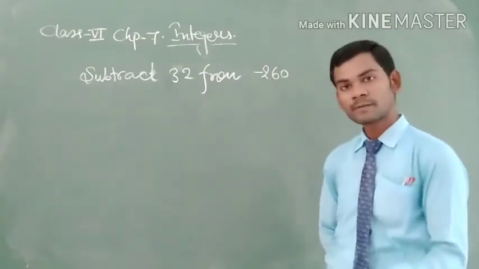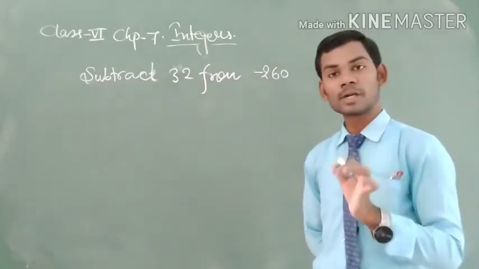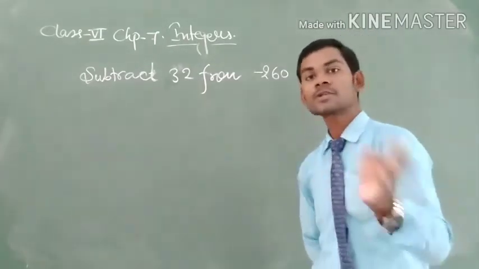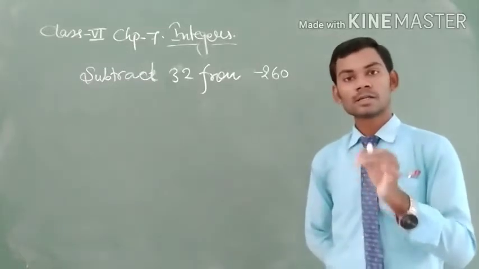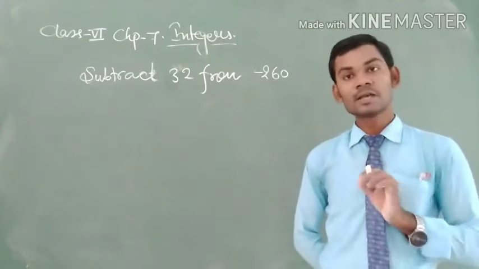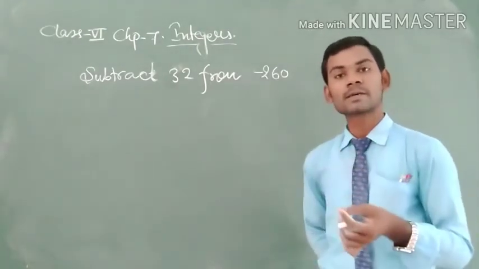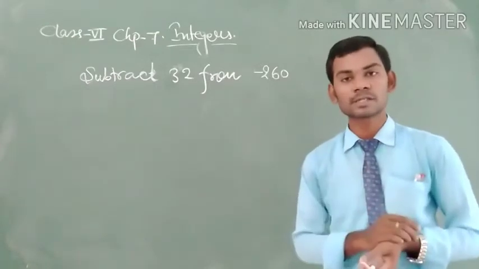Just try to understand what the question wants to say. The question says to subtract 32 from minus 260. The meaning of this sentence is that we take minus 260 and subtract 32 from it.